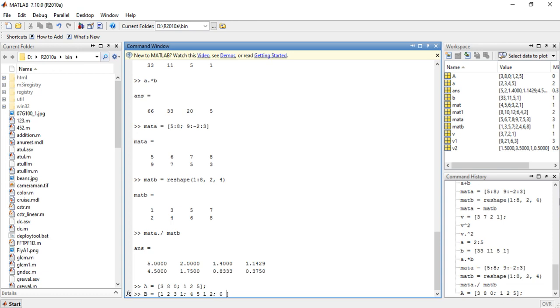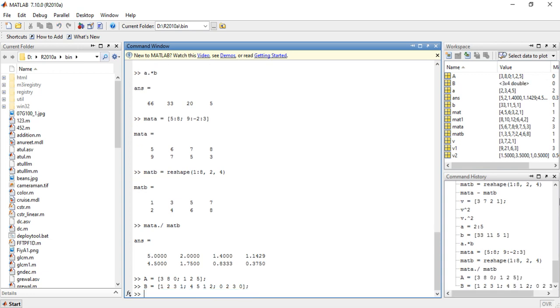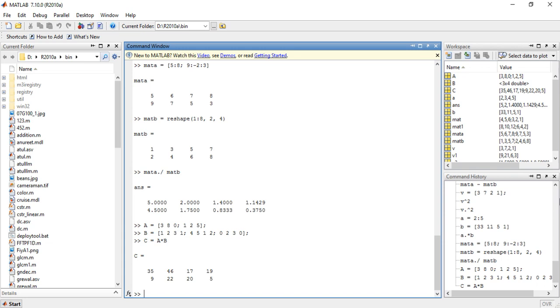And our third row is 0, 2, 3, 0. So this is our matrix B. Now we want to calculate the matrix multiplication, C equals A star B. This will give you the resultant C. In MATLAB, these operations are accomplished using the star operator, which is the matrix multiplication operator.